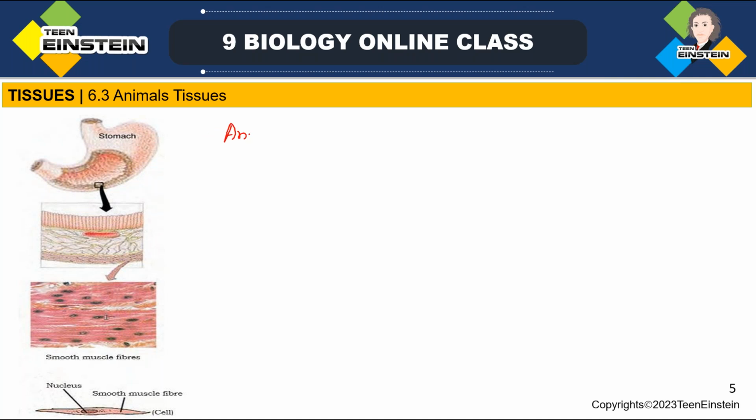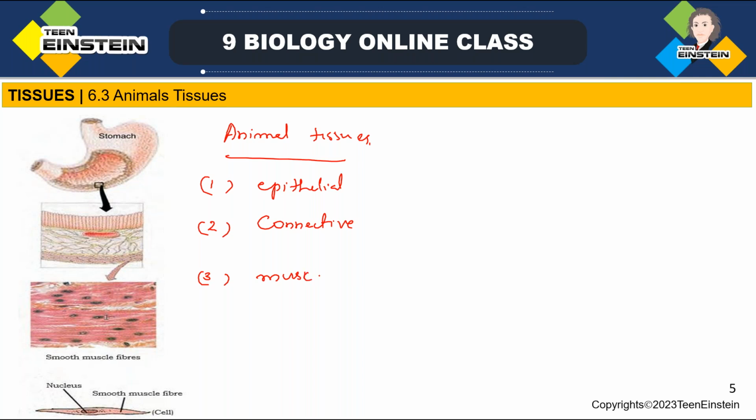They can be epithelial tissues, second is connective tissue, next is muscular tissue, and another type is nervous tissue. So these are the different types of animal tissues: epithelial tissue, connective tissue, muscular tissue, and nervous tissue.